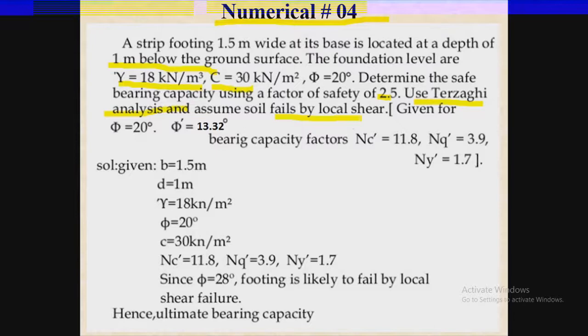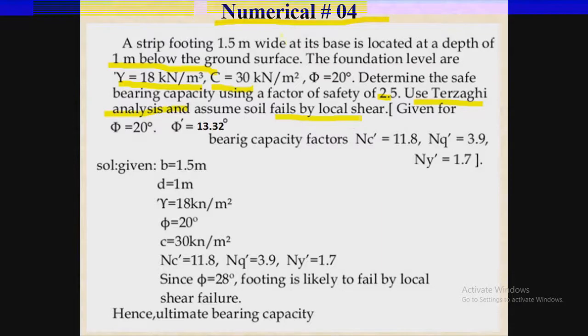The third numerical was related with the clay soil or the cohesive soil, in which phi was 0, and we found out the size of the footing or the width of the foundation. Now in this case we will assume the local shear failure. The first three numericals were related with the general shear failure. This numerical is related with the local shear failure.